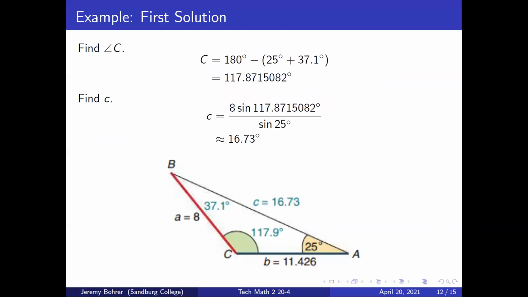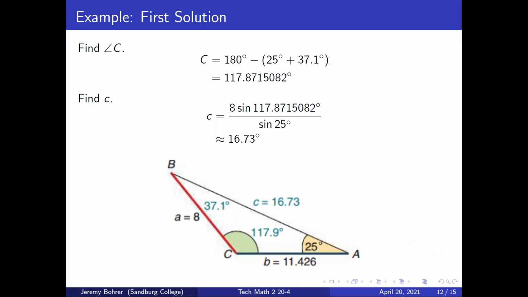We find angle C. C is 180 degrees minus the sum of 25 degrees and 37.1 degrees, which is equal to 117.87158082 degrees. And we find side c. c equals 8 sine 117.87158082 divided by sine 25, which is about 16.73.